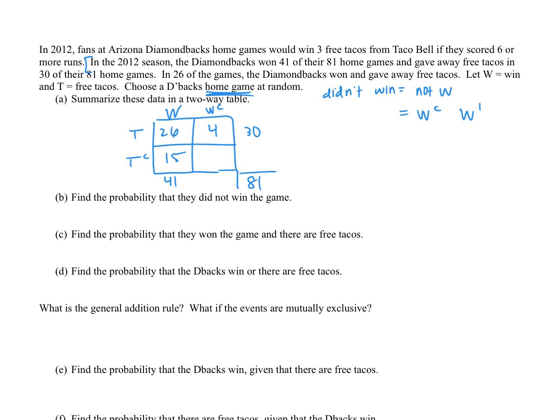Okay, and then if I subtract all of those from 81, that'll give me this part of the table right here. I haven't done that yet, though, which is 36 games. So that's our table. Any questions?